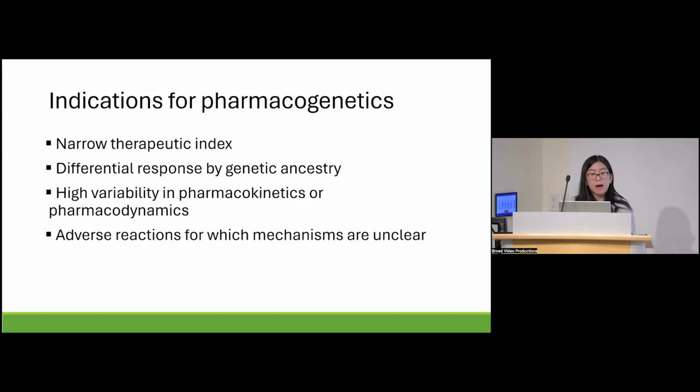Additionally, there can be high variability in pharmacokinetics or pharmacodynamics, which may incentivize you to look for the genetic underpinnings of that variability. And then pharmacogenetics could be considered when you observe adverse reactions for a given medication where the mechanisms are really unclear, and you might do an agnostic search to try and understand that as well.